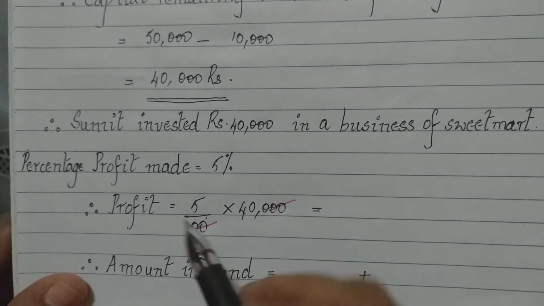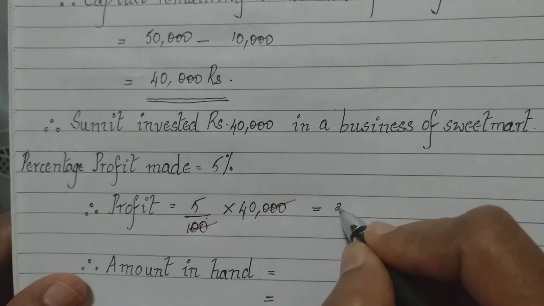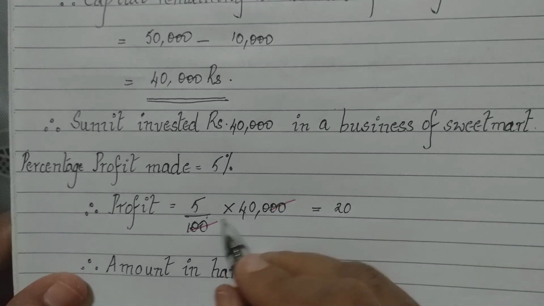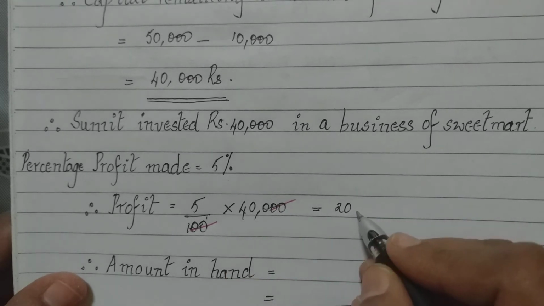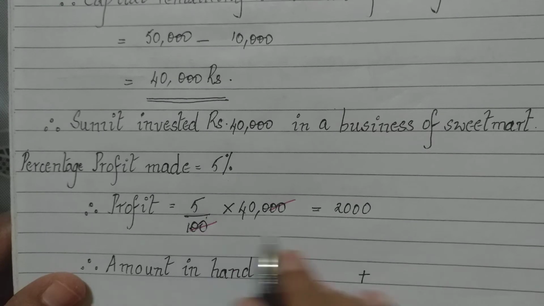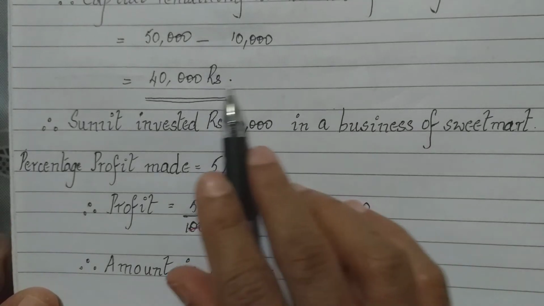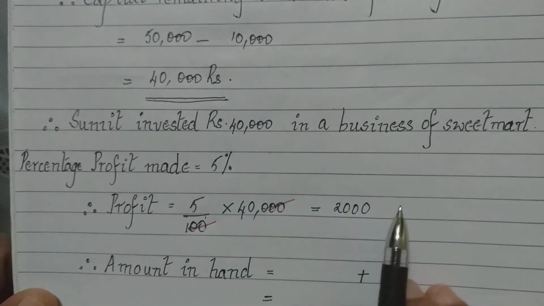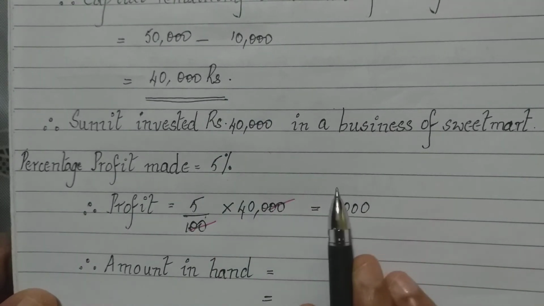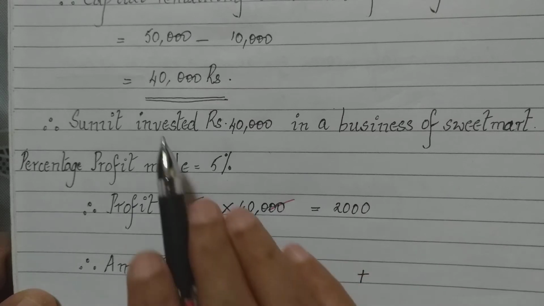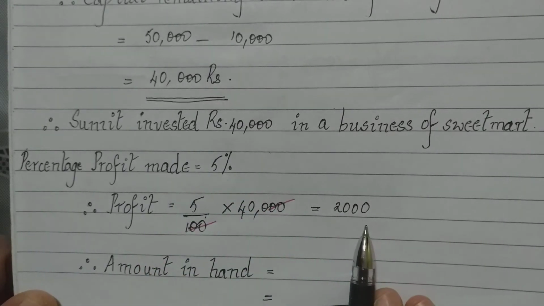So what am I left with? 5 into 4 is 20, and then I have two more zeros. So this is 2000. Therefore the profit made here is 2000. So he invested rupees 40,000 and he got a profit of 2000.